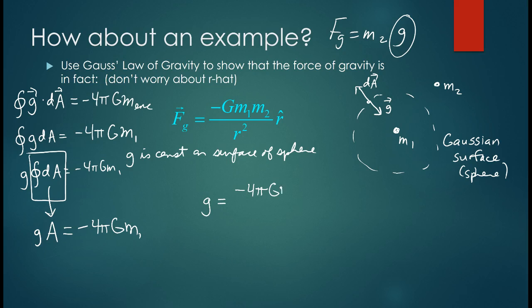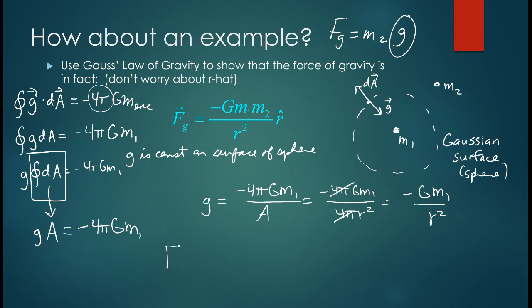G M1 over A. Okay, now what is the surface area of a sphere? That's right, it's just 4 pi r squared. So those 4 pi's are gone, and that's why 4 pi shows up in the first place. And we get negative G M1 over r squared.